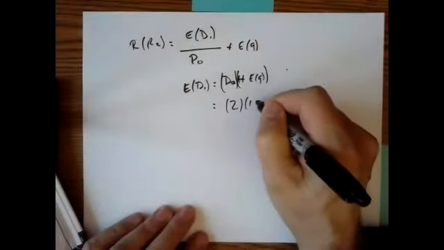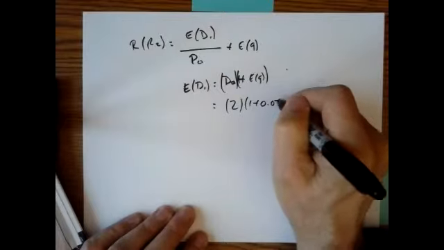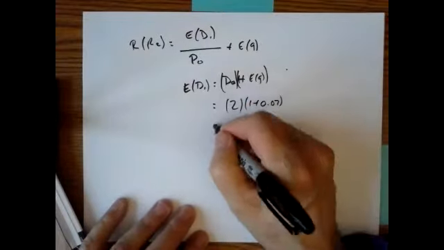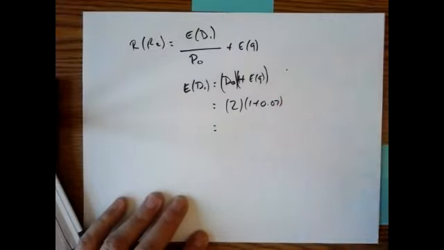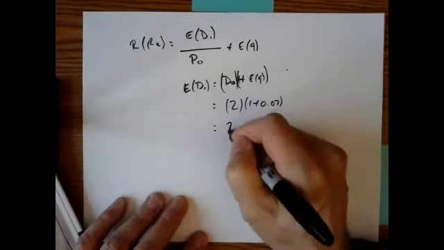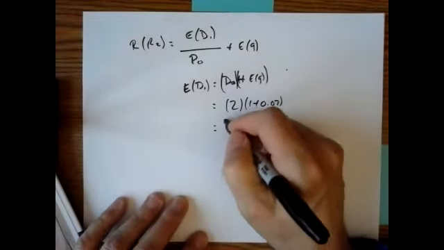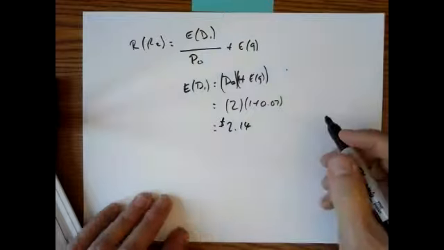I just couldn't see that at first. So 2 times 1.07 gives us 2.14. Should have been able to do that one in my head. It's been a long day and I'm getting tired.